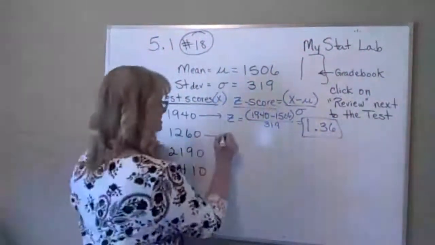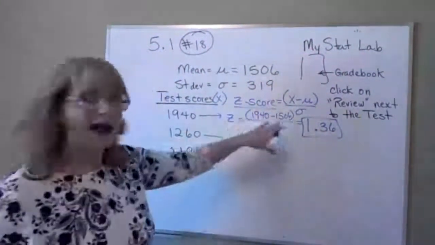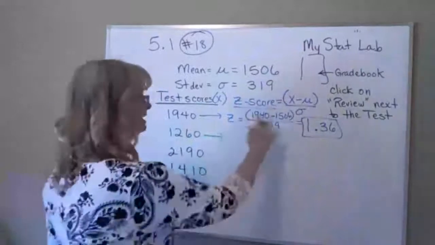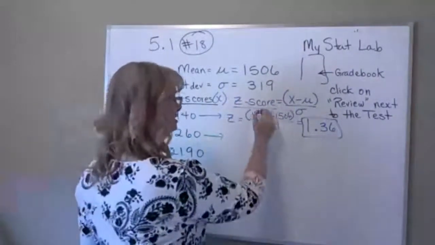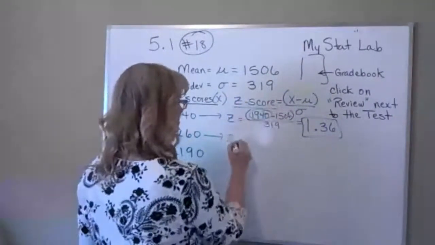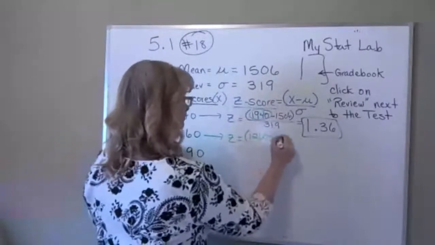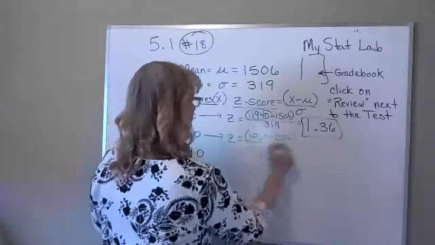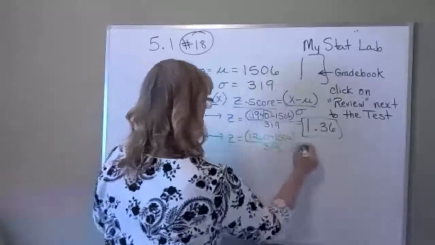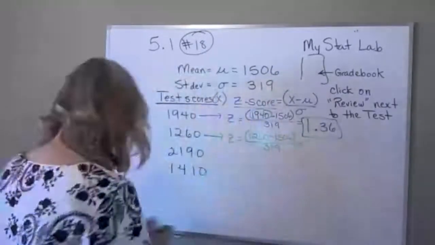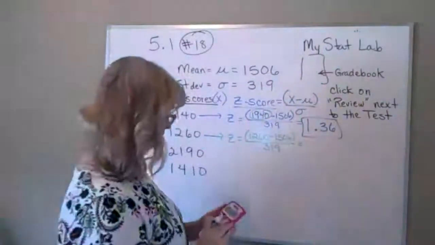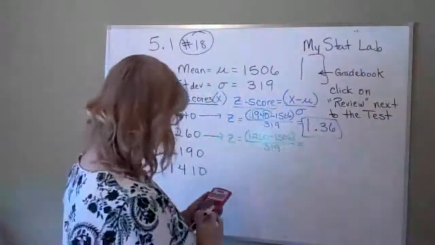So when I do 1260, if I have an editable calculator, I can leave this in my calculator and just adjust that first number. And that will make it go a lot faster. So in my calculator, I'm just going to change that 1940 to 1260.